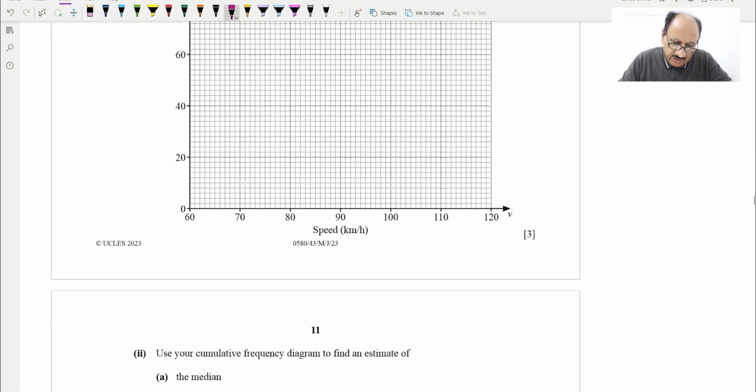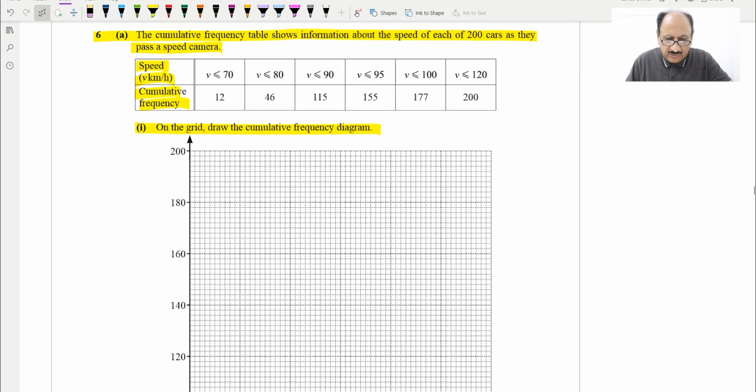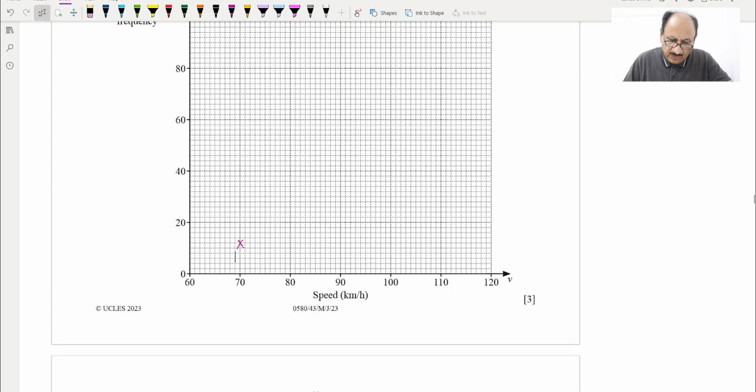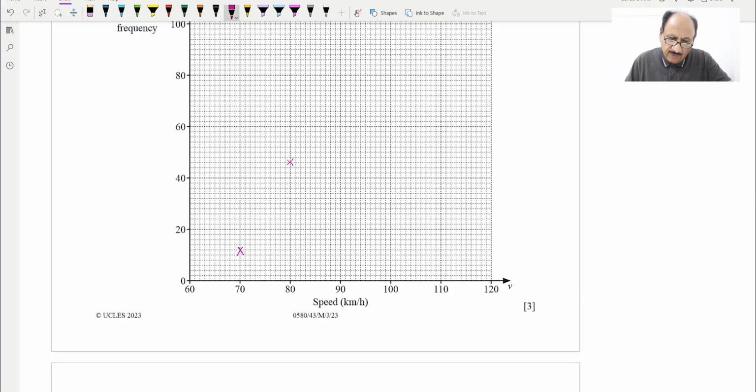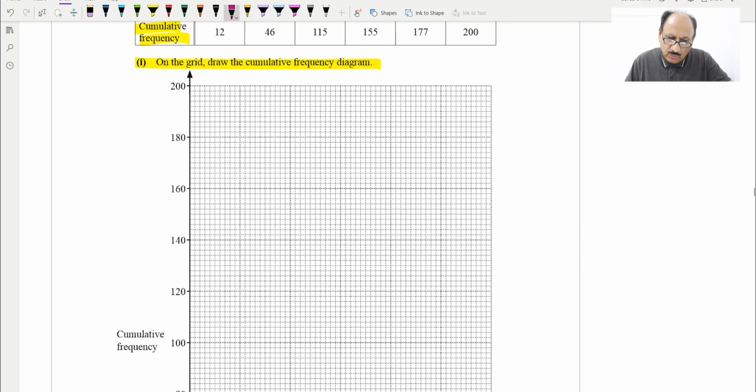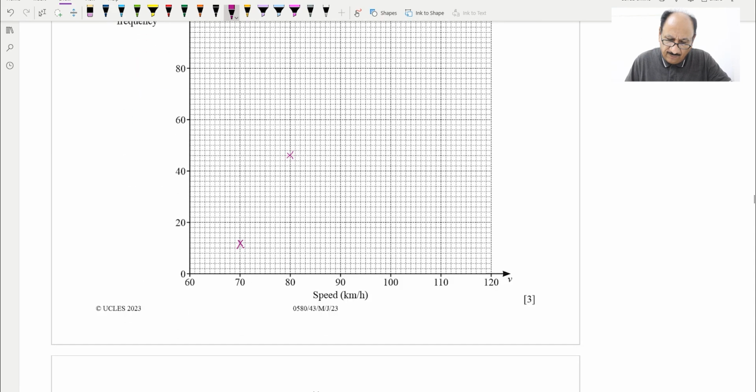So for 70, 12, 1, 2, 3, 4, 5, 6 boxes till here. So this one, and next is 80 is 46, so 80 will be this one, and then 90 is 115.